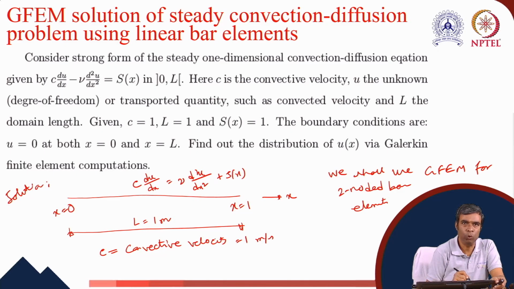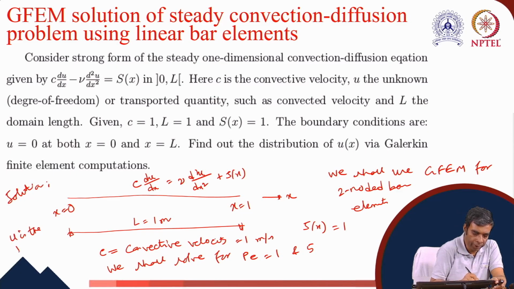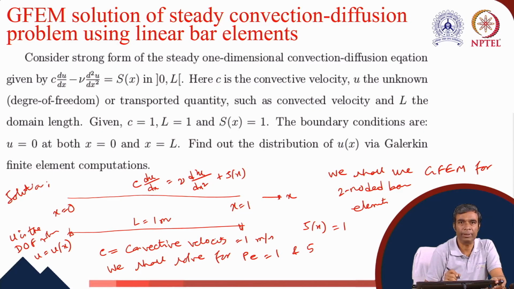We shall consider two Peclet numbers, so we shall solve for P equals to 1 and 5. Our source term value is given as 1 unit and U is the degree of freedom, where U equals to U of x.